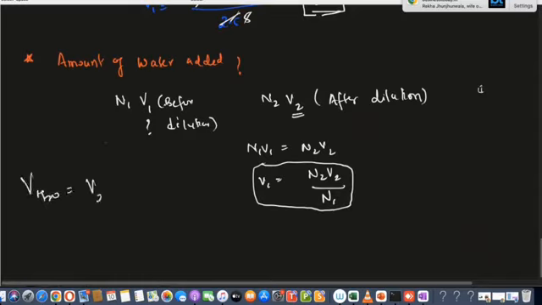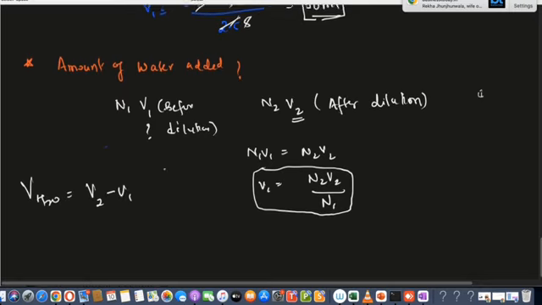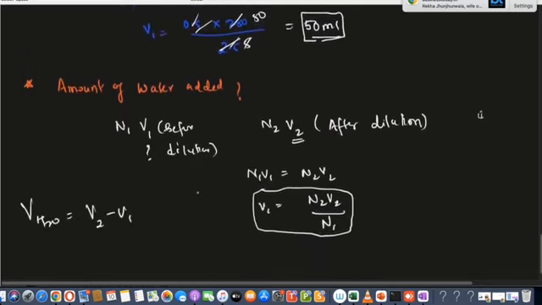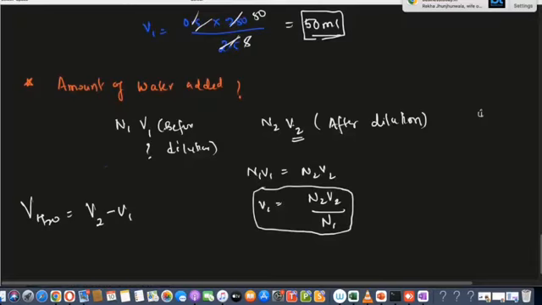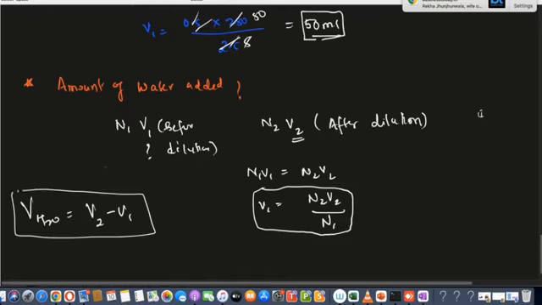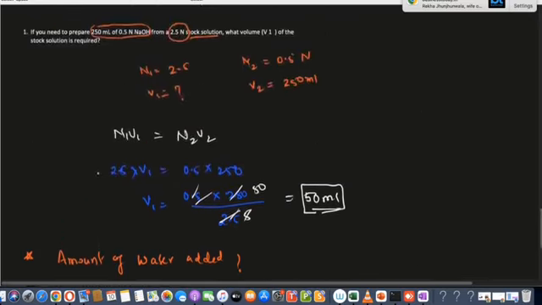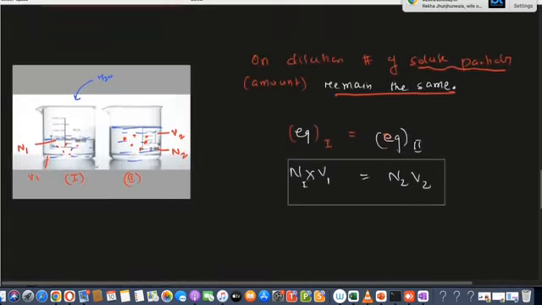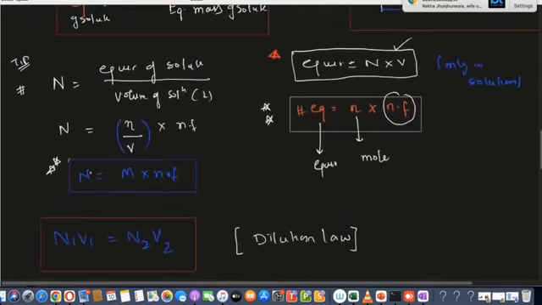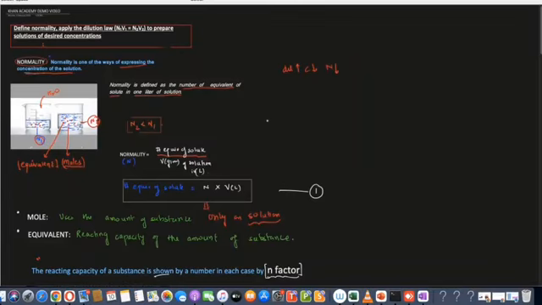That is V2 minus V1. That's simple, because when you add some water and make the final solution into V2, the volume increases. The increase in the volume is actually the volume of the water added, right? So these are the different types of basic problems that can be asked on this topic. I hope all the basic concepts of N1V1 equals N2V2 and normality are clear. Thank you so much for listening.